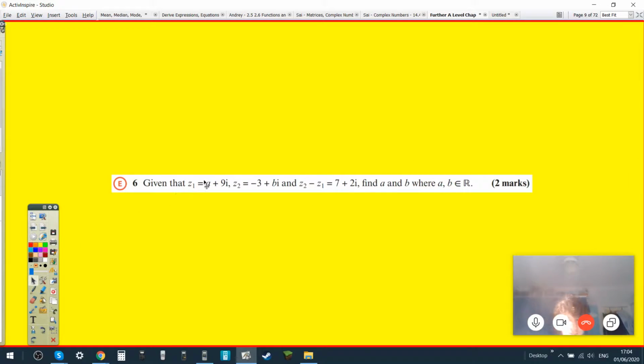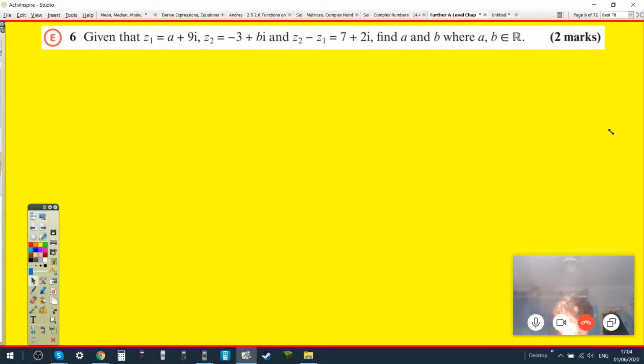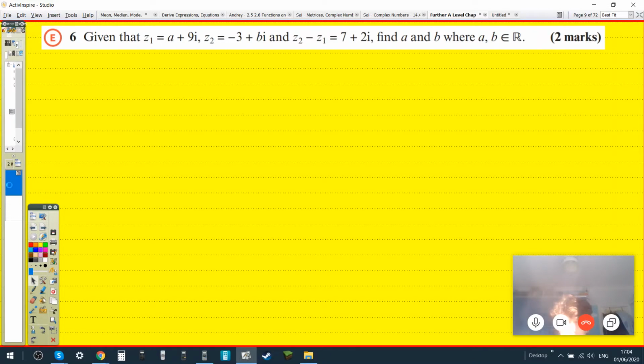Okay, exam question. How do we do this? Given that z1 equals a plus 9i, and z2 minus z1 equals that. Okay. So we just write out the whole thing.